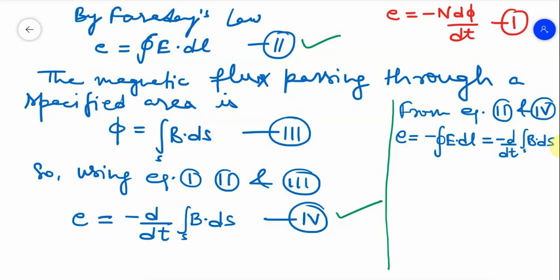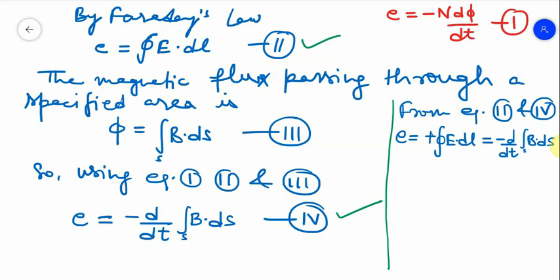Now this E dot dl, there was no negative sign here, so this one is plus. So this E dot dl closed line integral is equal to minus d by dt B dot ds.